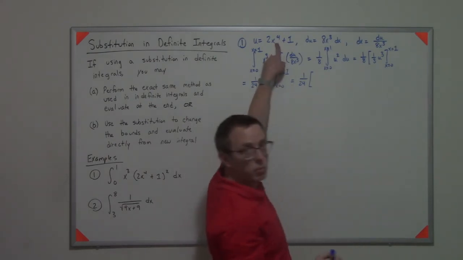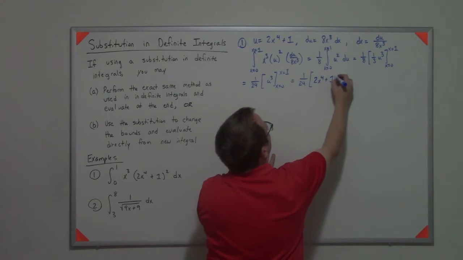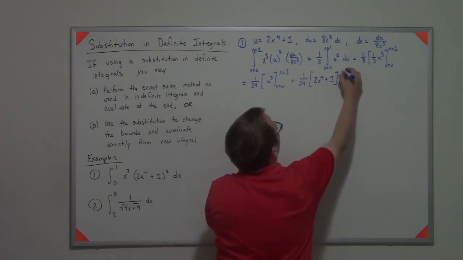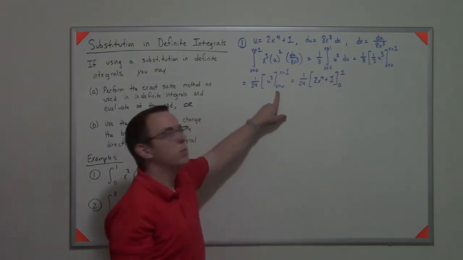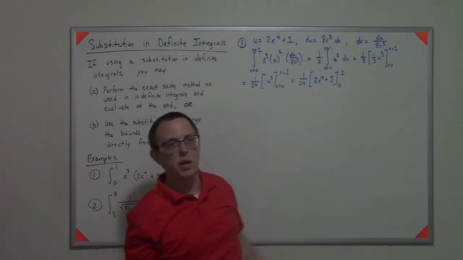Change back using my transformation, 2x to the fourth plus 1 from 0 to 1. Notice that now I don't have to say x, because if I don't have extra notation, it tells me that these variables are in agreement.